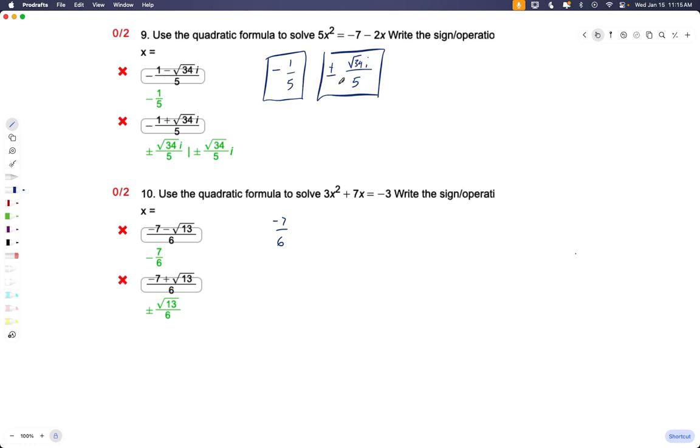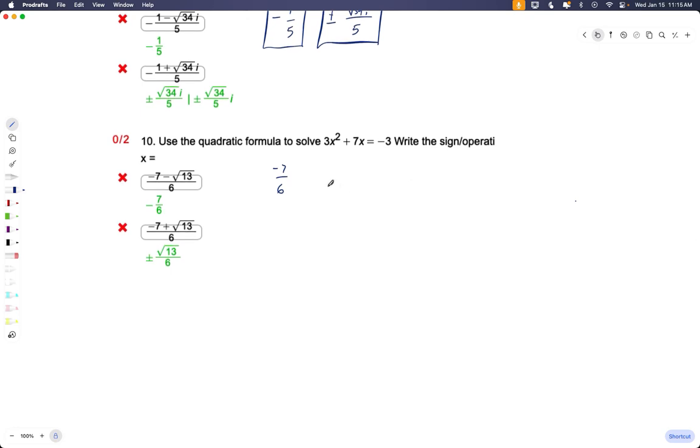Even though the denominator is the same, we are not supposed to write them together in one fraction. They are supposed to be split up and written separately. So negative 7 over 6 is the first term, and the second term is going to be plus or minus square root of 13 over 6.